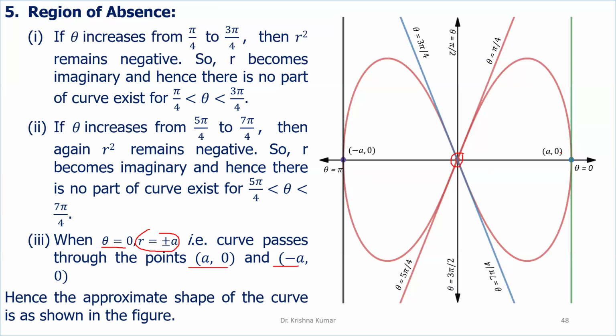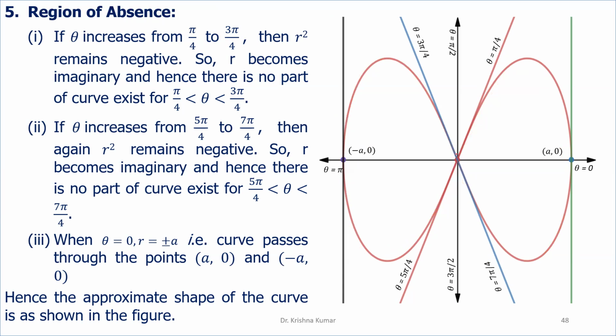The very important point we have already seen while tracing Cartesian curves: if we are getting the pole and two different points, there should be a loop between these points. So there is a loop over here, one loop. Similarly, there is another loop over here because there is again the origin to a0. The first point is this.